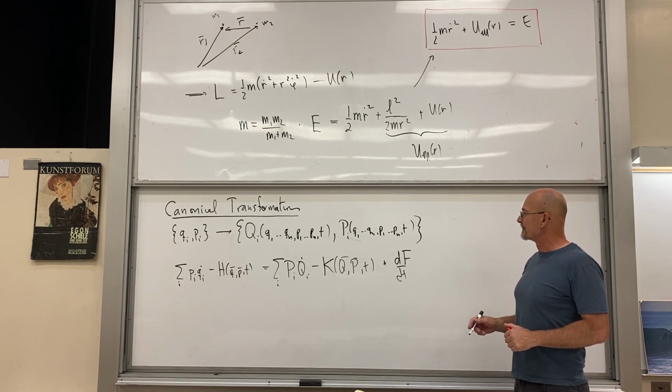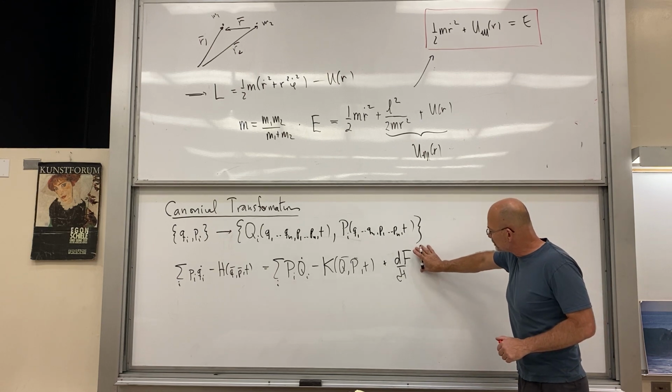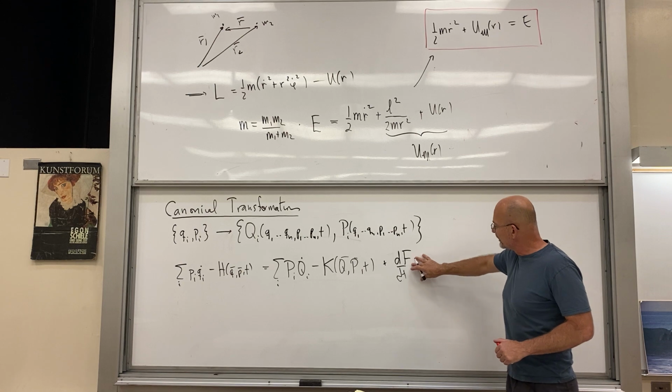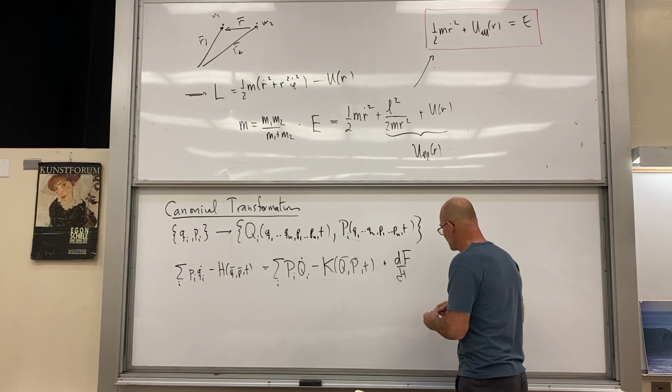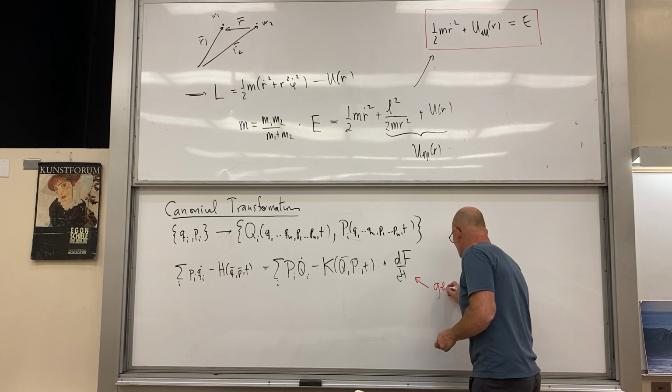So the conditions for this depended on the choice of the arguments for this generating function. They play a big role, the generating function.